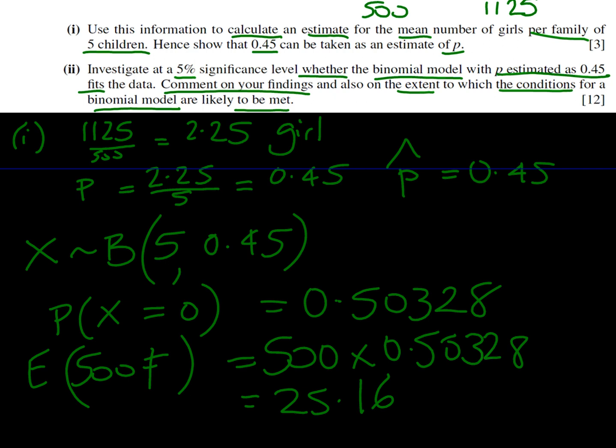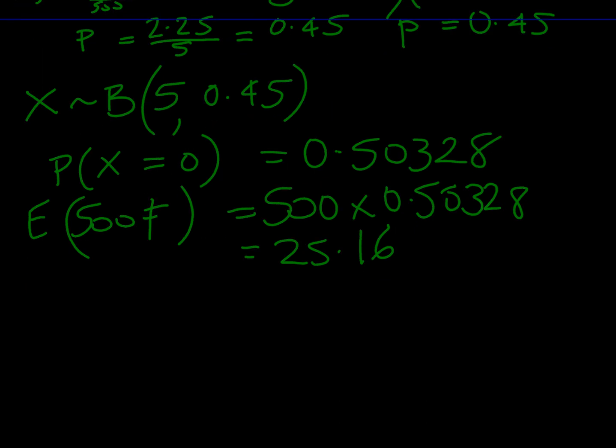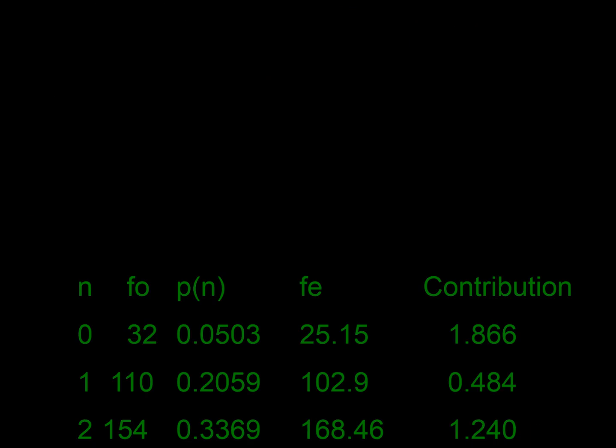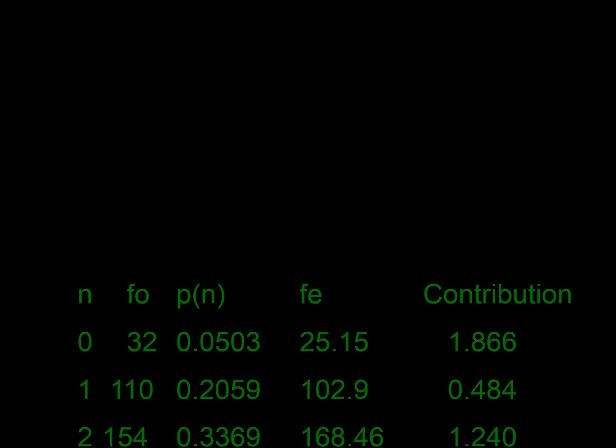So I'd expect 25 families to have no girls, yeah, if it's binomial. And of course, my next point, I can go through, I put a table together here with those calculations.